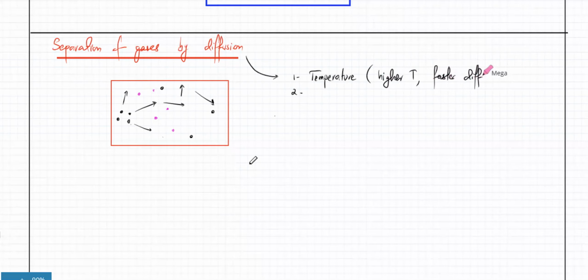So you have faster diffusion. But I'm more interested in the second factor, which is that lighter particles travel faster. So lighter particles would spread around at a much faster rate, and you can check the atomic mass or the molecular mass by looking at the periodic table, and you can measure the mass of the particles.